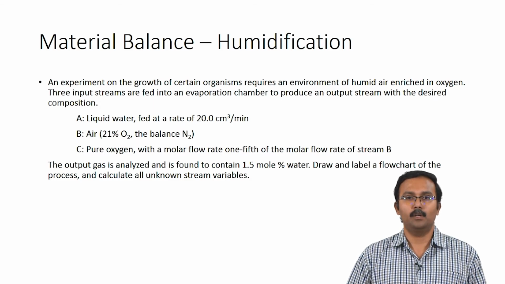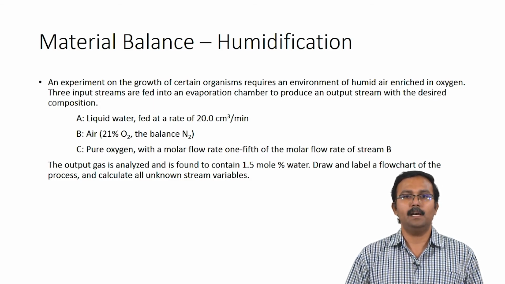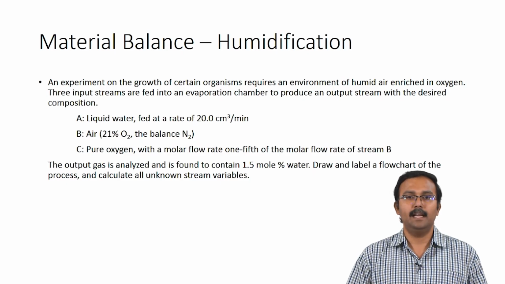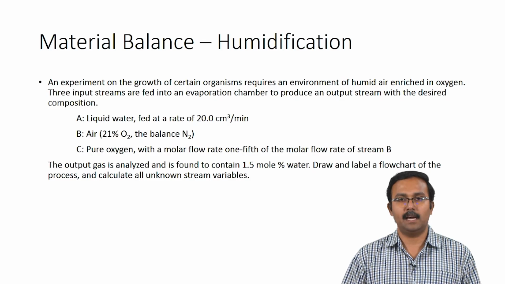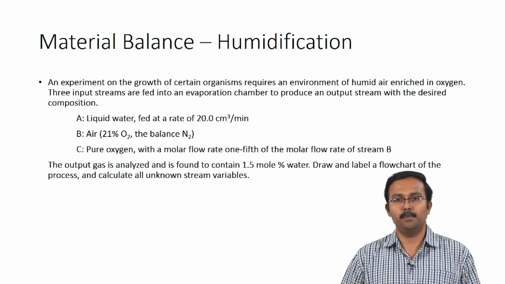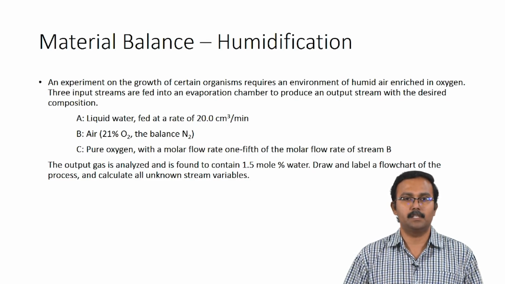An experiment on the growth of certain organisms requires an environment of humid air enriched in oxygen. 3 input streams are fed into an evaporation chamber to produce an output stream with the desired composition.